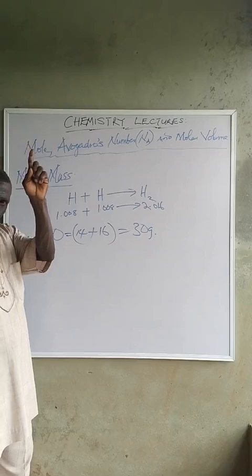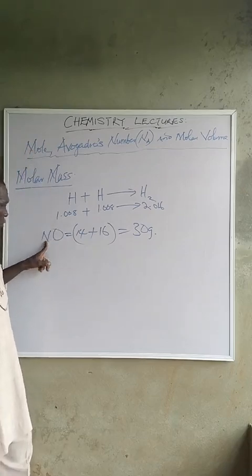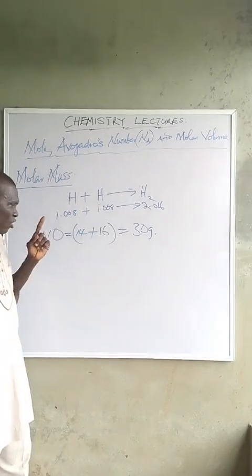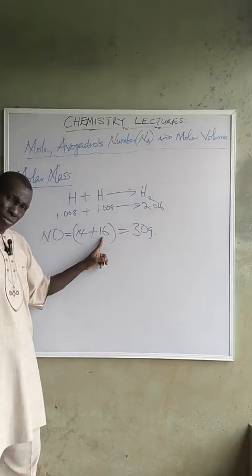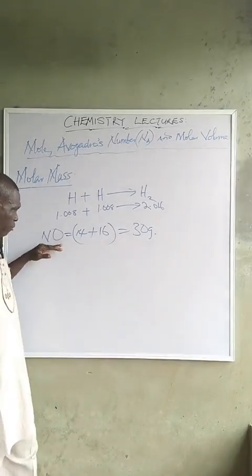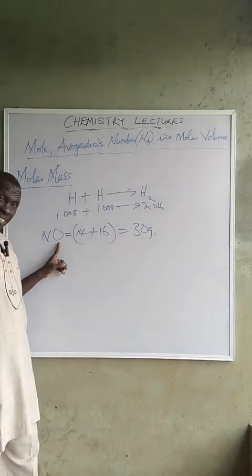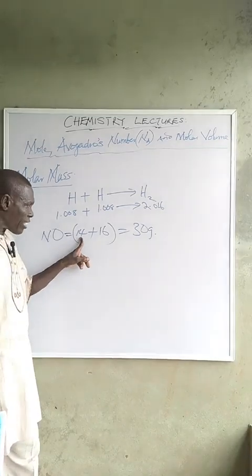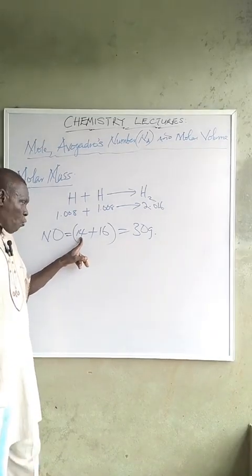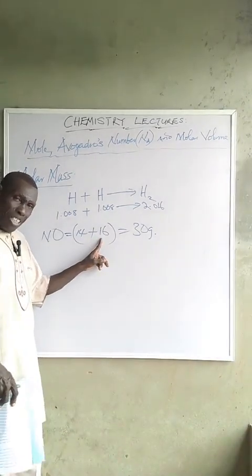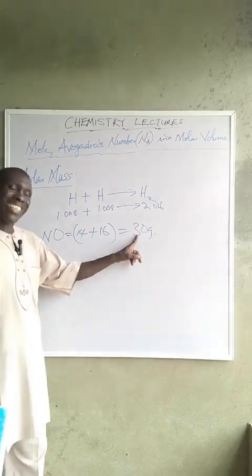Molar, 1 mole. So now, one atom of nitrogen weighs 14 grams. One atom of oxygen weighs 16 grams. So in this molecular formula, we have one atom of nitrogen and one atom of what? Oxygen. So if you add the 14, which is the atomic mass of one atom of nitrogen, to 16, which is the atomic mass of one atom of oxygen, you will have 30 grams.